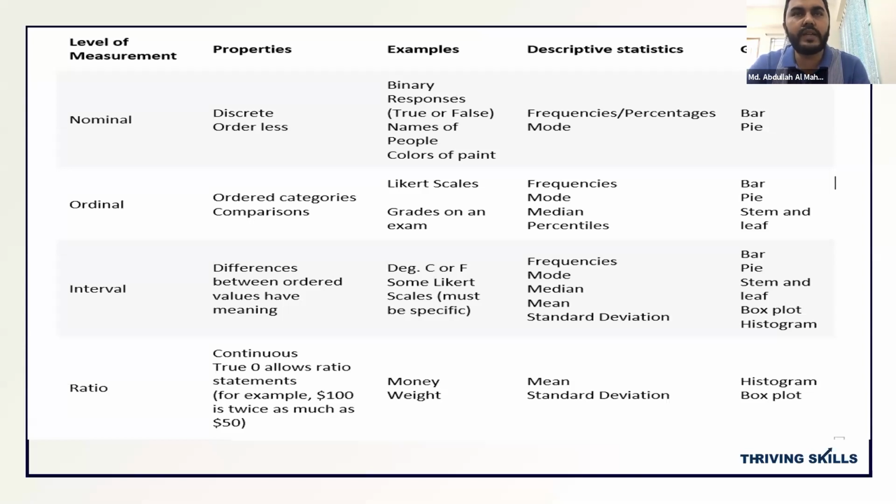If I ask you how many digits there are, you can easily tell there are 2 digits, 0 and 1. 0 for off or false, 1 for on or true. That's why this is discrete data. But in case of ordinal, here you see we have continuous data. In case of interval, we have continuous data. In case of nominal and ordinal, we have discrete data.